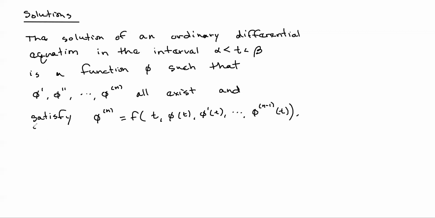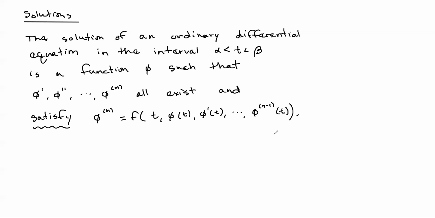It makes the differential equation true. That's what the word satisfy means. It's the same definition we've been using up to this point. A solution to the differential equation is a function that exists on an interval and that, if you plug it into the differential equation, makes it true. The only way that happens is if the derivatives all exist and the function itself exists on an interval.